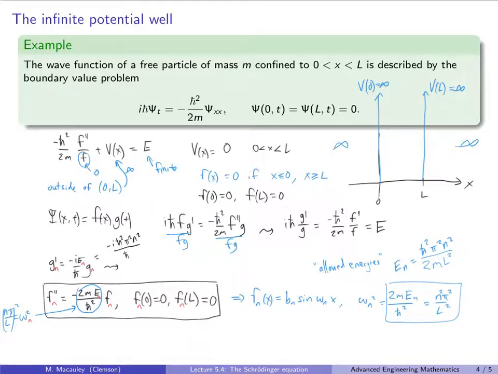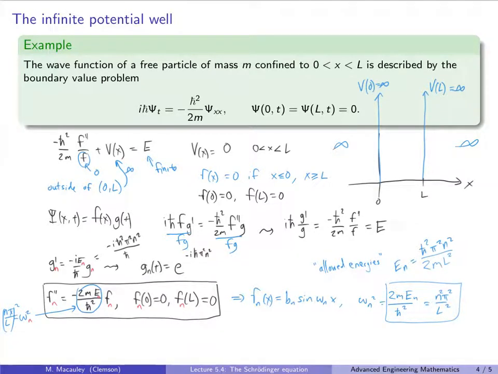So some h bars are going to cancel. So we get that Gn of t is, I'm going to skip the constant because they're going to absorb when we multiply that by this.